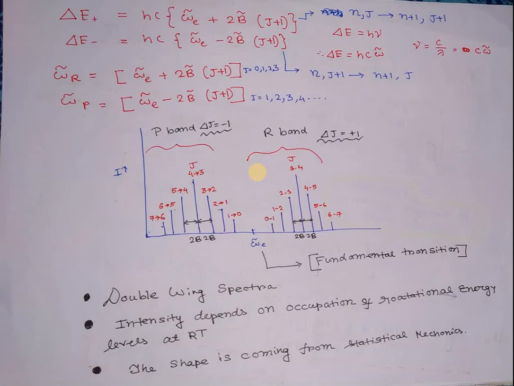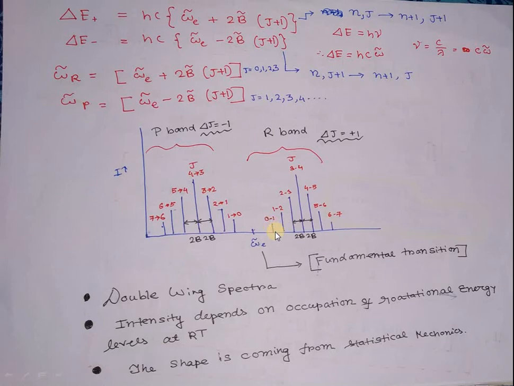You can see that this R band arises for delta J equal to plus 1, for these types of transitions. And for delta J equal to minus 1, this band is called the P band. And this omega E is called the fundamental transition. So omega E will be in between these two bands, that is the P band and the R band.